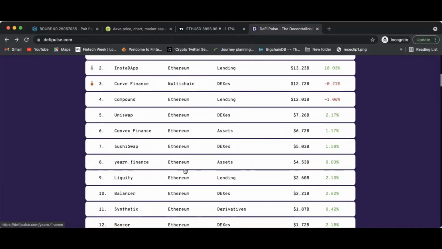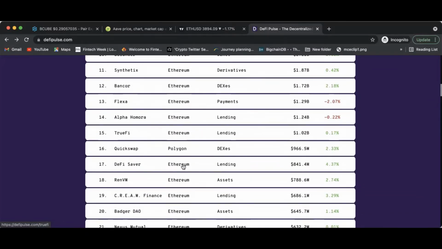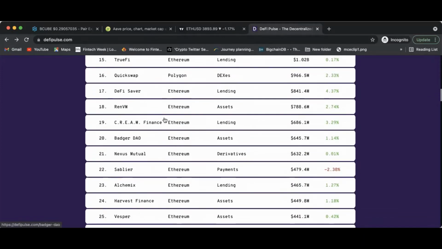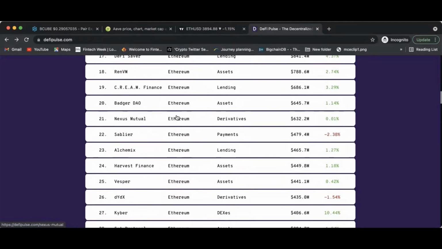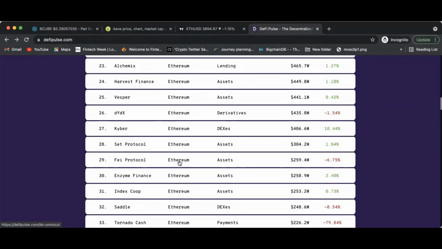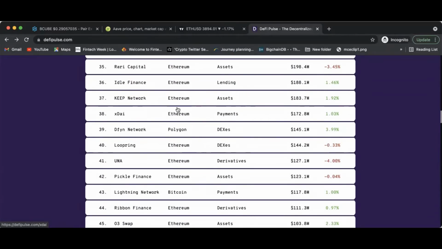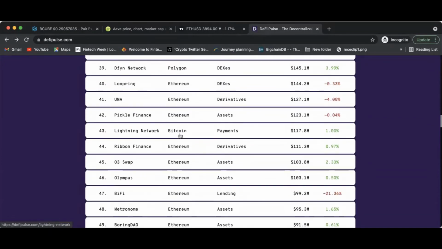And all the other protocols are Ethereum based, like Badger DAO, Nexus Mutual, Harvest Finance, dYdX. Only QuickSwap is purely Polygon based. So it's either based on Ethereum or on Polygon.